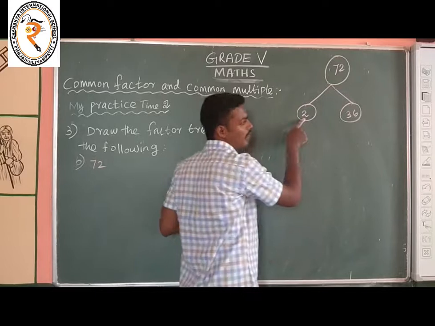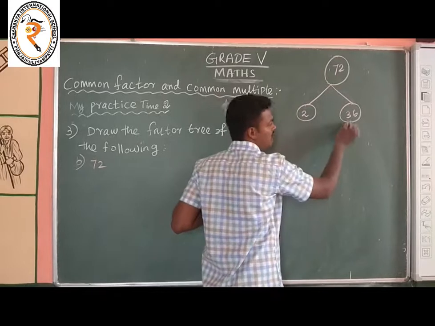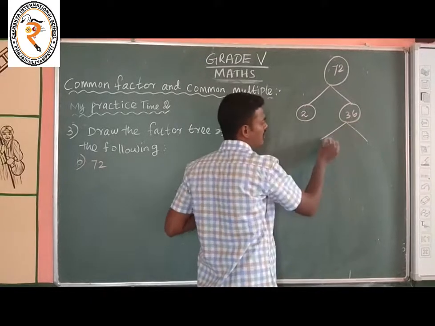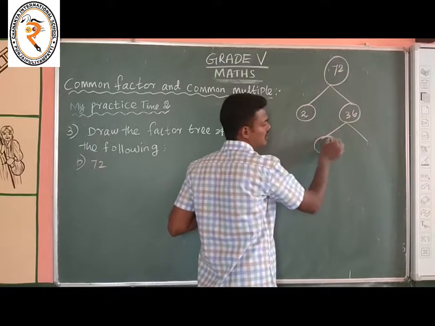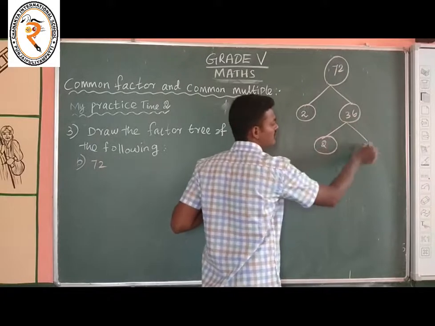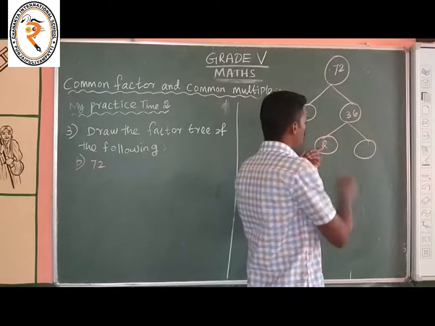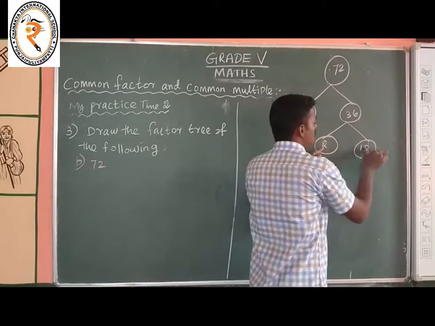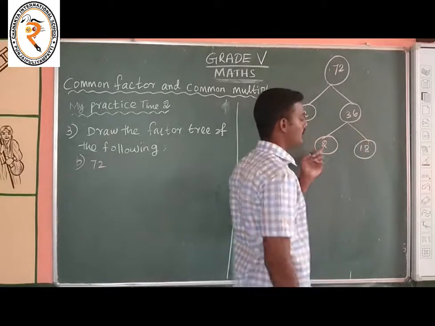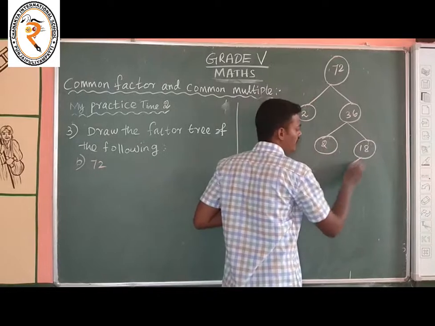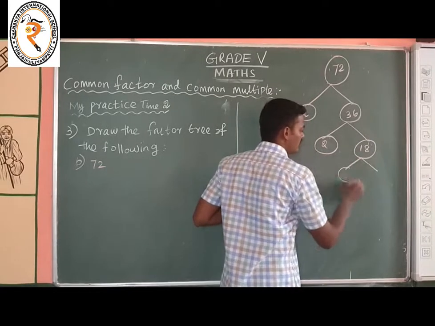So 2 is a prime number and we split 36. 36 is a composite number. So splitting 36 in the second table, 2 18s are 36. So 2 is a prime number and we split 18 in the second table.